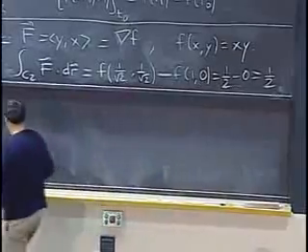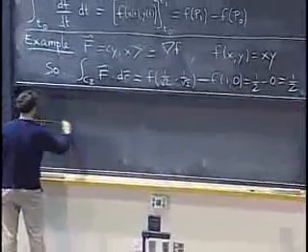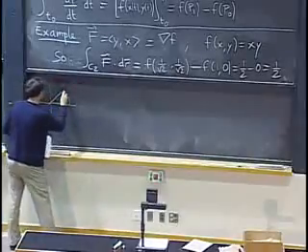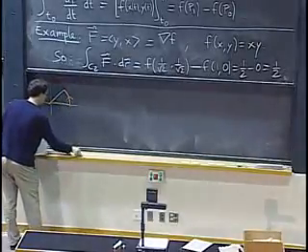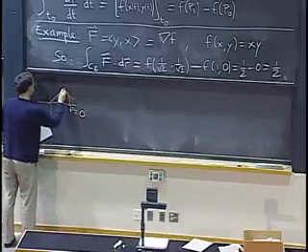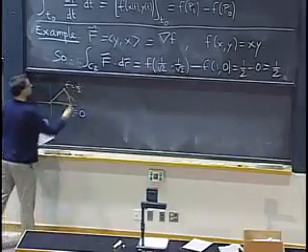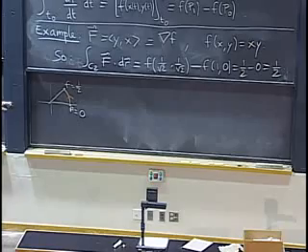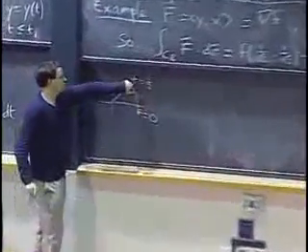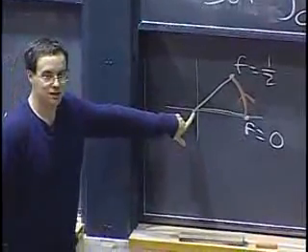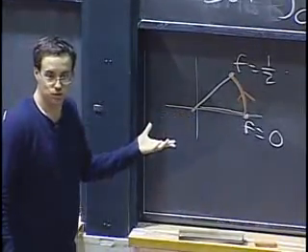Okay, because C2 was going here, and at this point, f is 0. At that point, f is 1/2. And similarly for the others. And of course, when you sum, you get 0, because the total change in f, when you go from here to here to here to here, eventually you're back at the same place. So f hasn't changed.